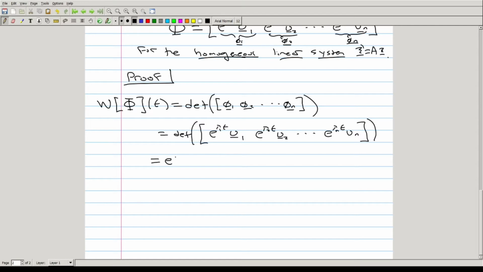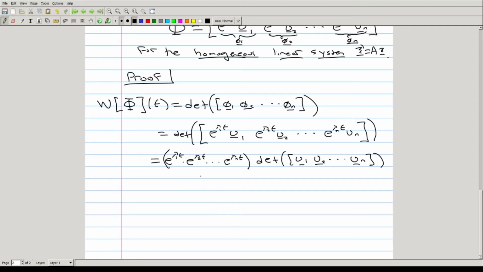This will be e to the lambda 1 t times e to the lambda 2 t all the way up to e to the lambda n t times the determinant of u1, u2 to un.